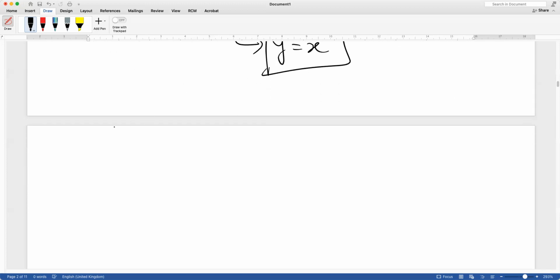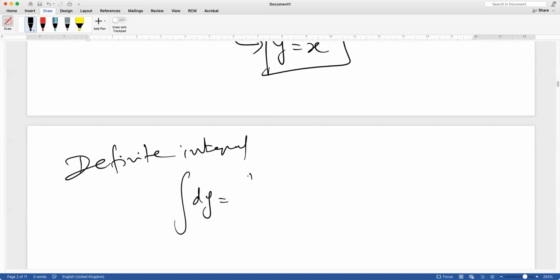Another one is the definite integral. Integral meaning integration of dy equals integration of dx. That is where we say that when x is equal to 0, y is equal to 0. When x is equal to any generic value x itself, then y is actually our y of x. Is it okay?